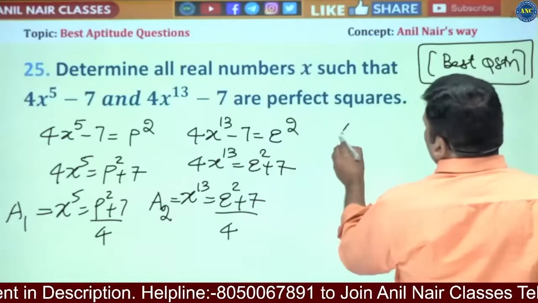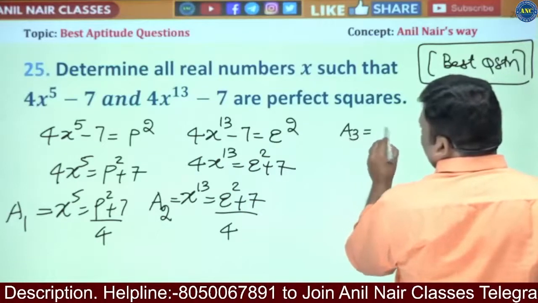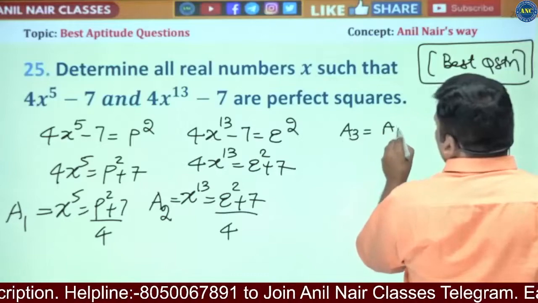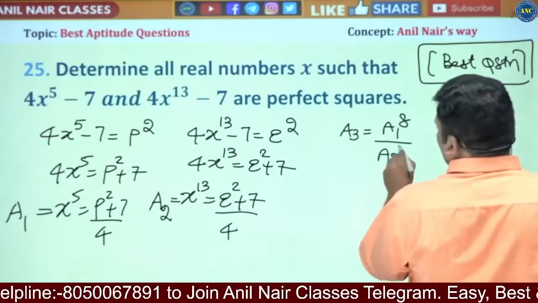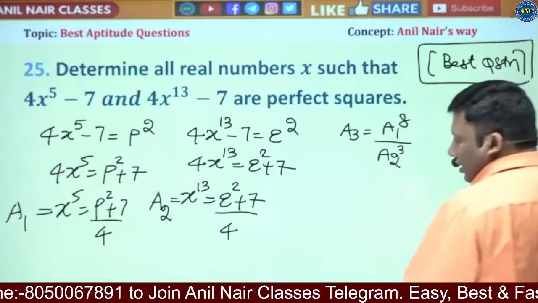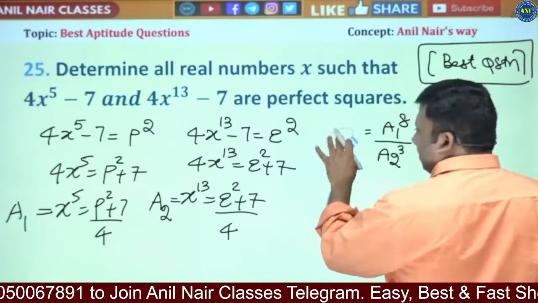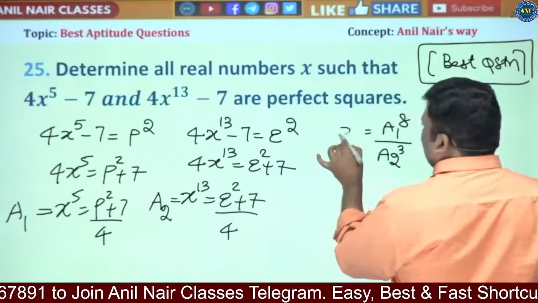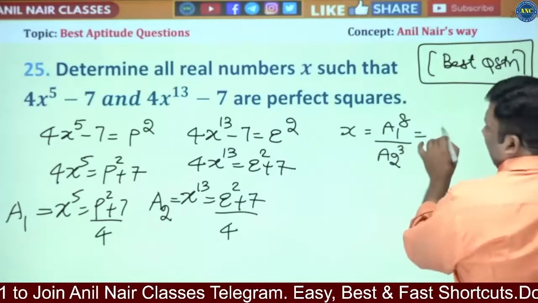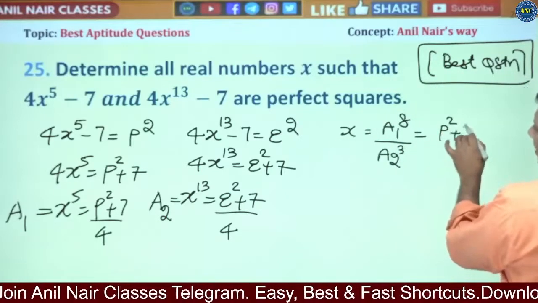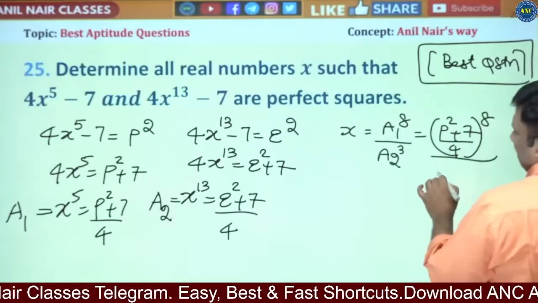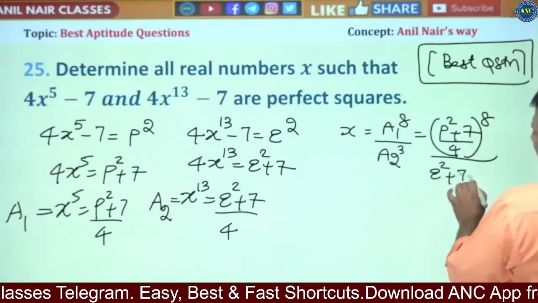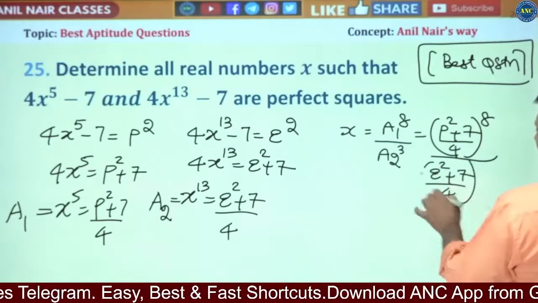So a3 is equivalent to a1^8 divided by a2^3, which is nothing but x. Here a1 is (p squared plus 7) divided by 4, to the power 8, and a2 is (q squared plus 7) divided by 4, to the power 3.